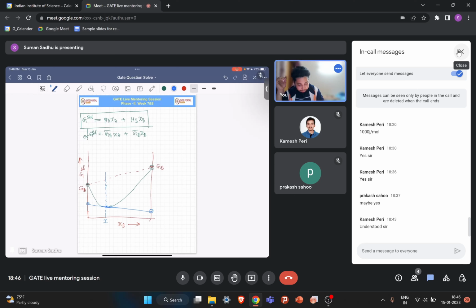What will be this value? This will become mu A and this will be mu B.